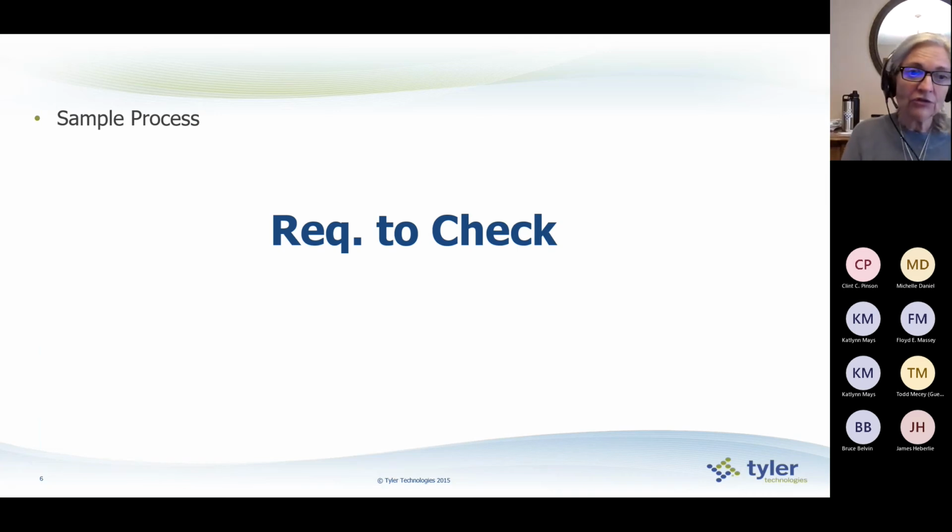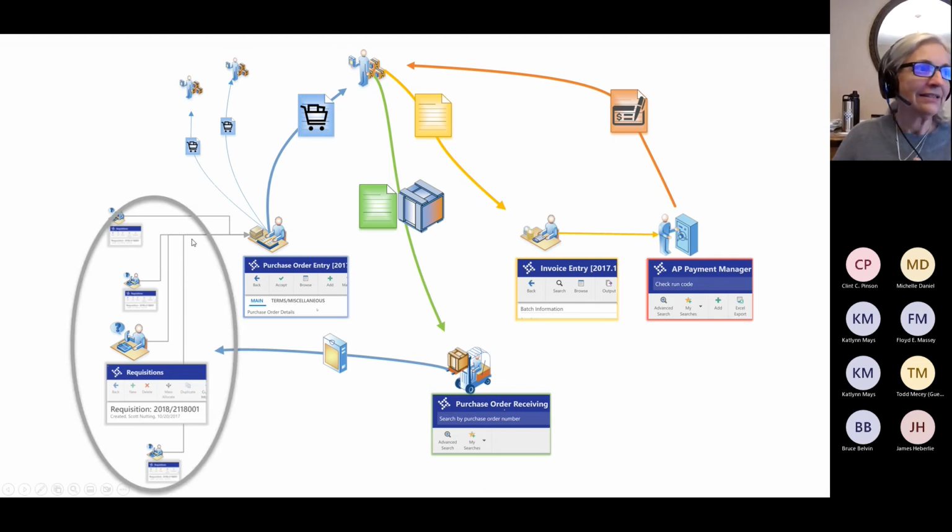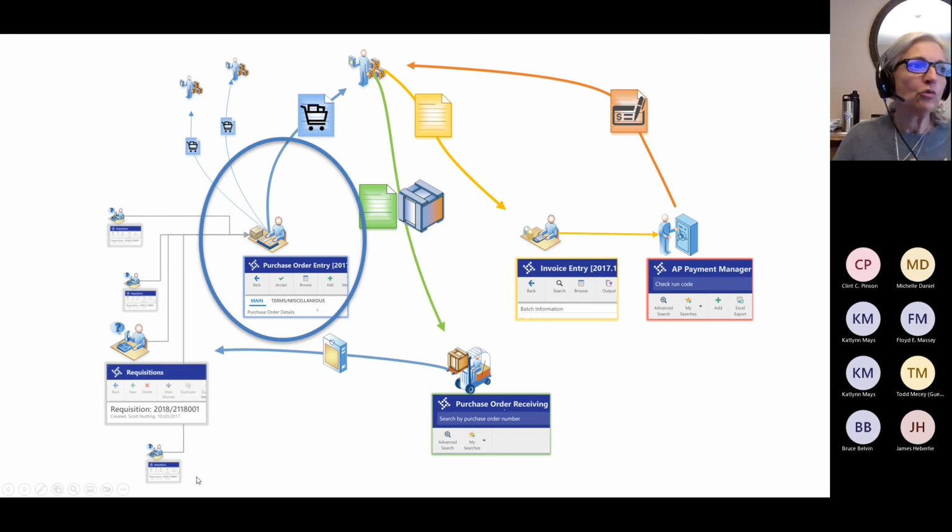I like visual. So I'm going to show you a little graphic that I have that shows you the process. And this is what we're working on today, this requisition that we're creating, which is the first step in the purchasing process. You would allocate it to accounts, you would put the vendor in. Once it's ready to go, you get it approved, it becomes a purchase order.